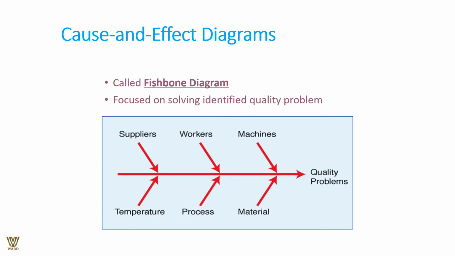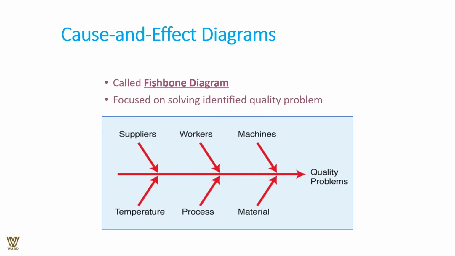There is a middle stem which is a thicker bone, almost like a backbone, and then there are other bones associated. Basically, we are trying to identify quality problems, quality issues, and any one of them can be the source of the quality problems, be it suppliers, workers or employees, the machine, the temperature, the environment, the process, the steps that we follow, or the raw materials that we are utilizing in the production process.